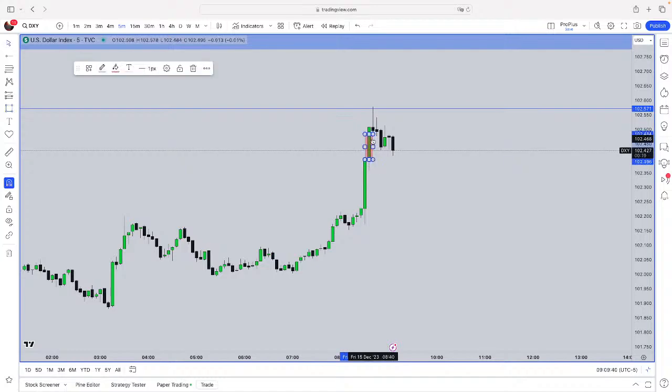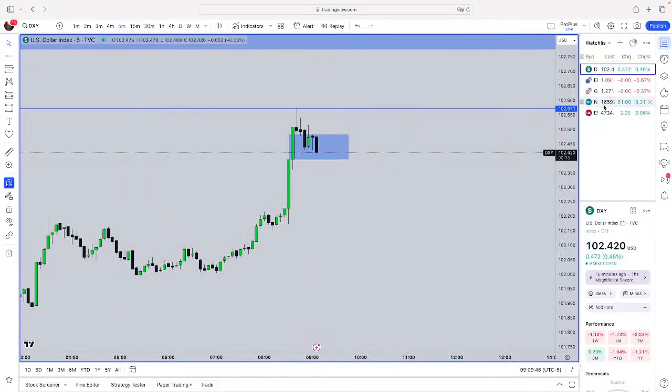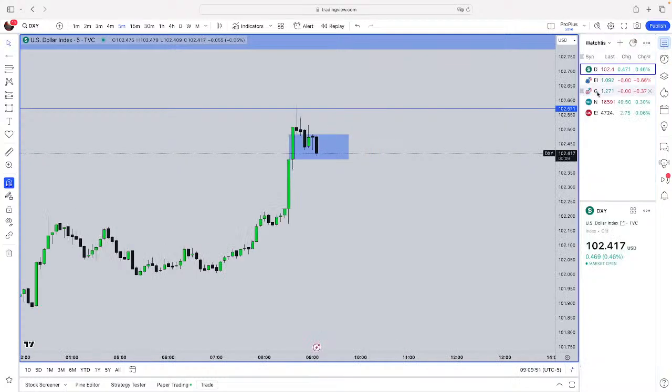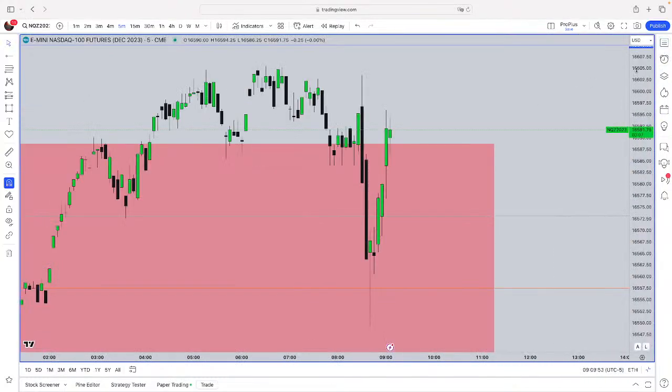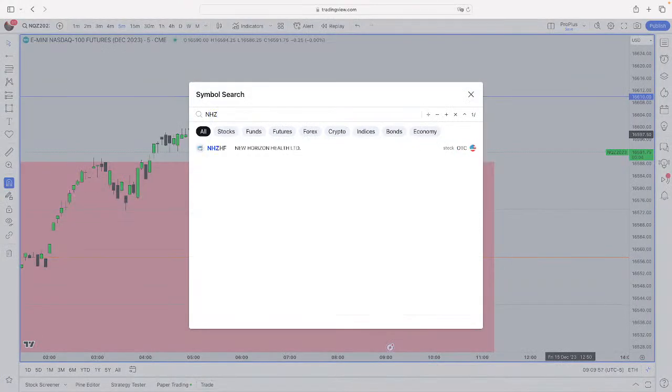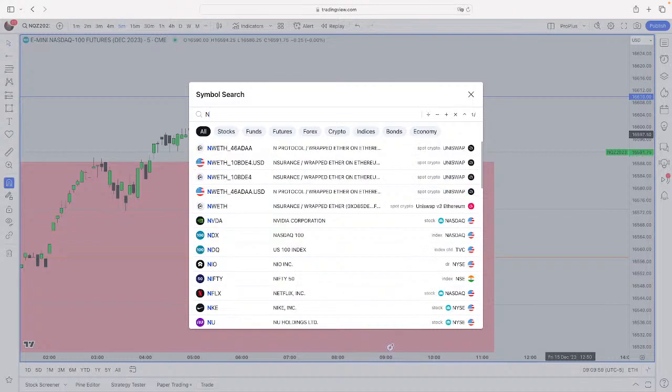It's trading inside this inefficiency now. So when you're trading futures, you've got to make sure that the dollar is running the opposite way.